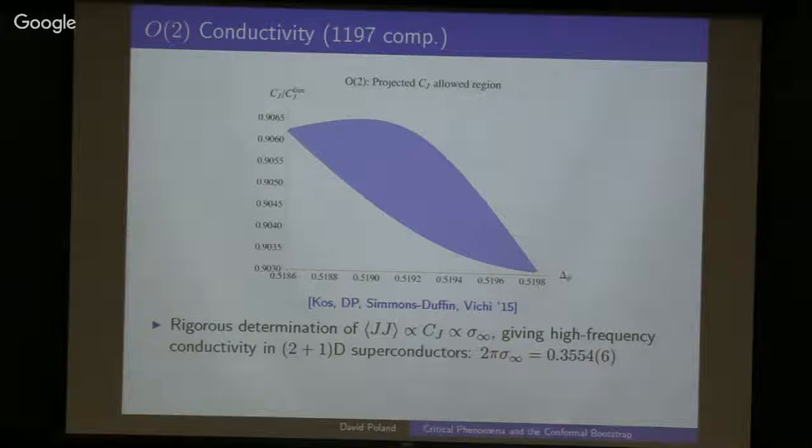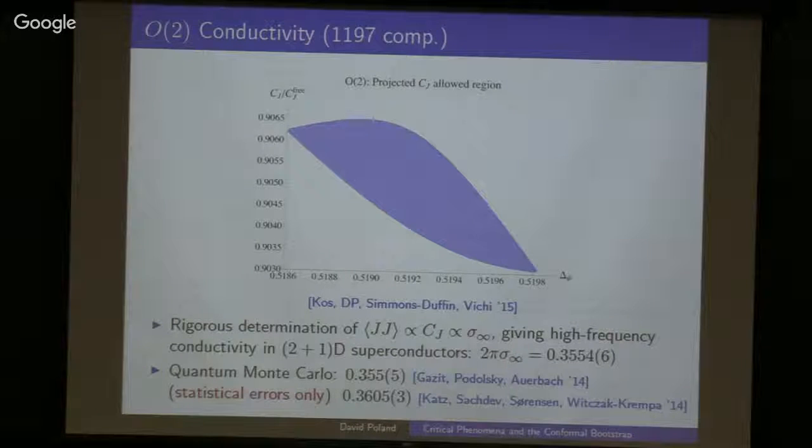So using the Bootstrap, we can get a rigorous island for this coefficient Cj in the current 2-point function. This translates into a determination of the high frequency behavior of the conductivity, 0.3554, with an error bar in the last digit.